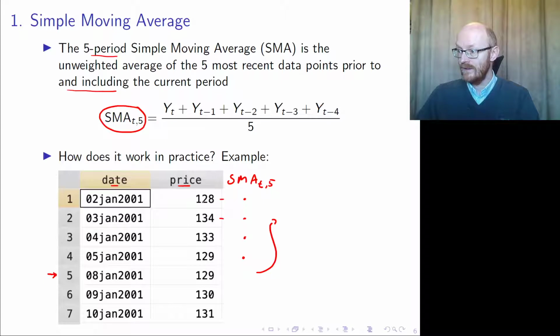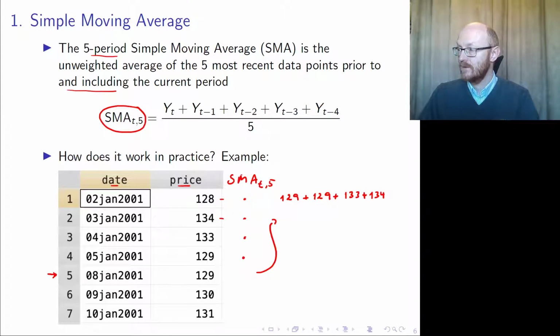You find the YT, it's 129, plus YT minus 1, which is 129, and YT minus 2 is 133. YT minus 3 is 134.